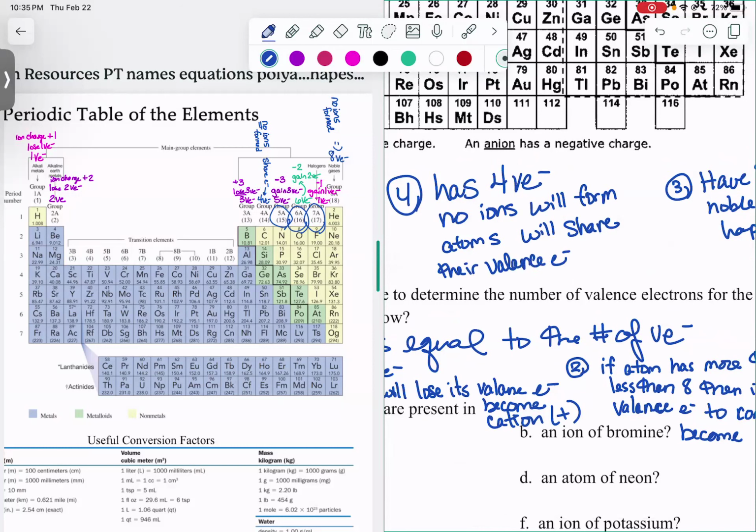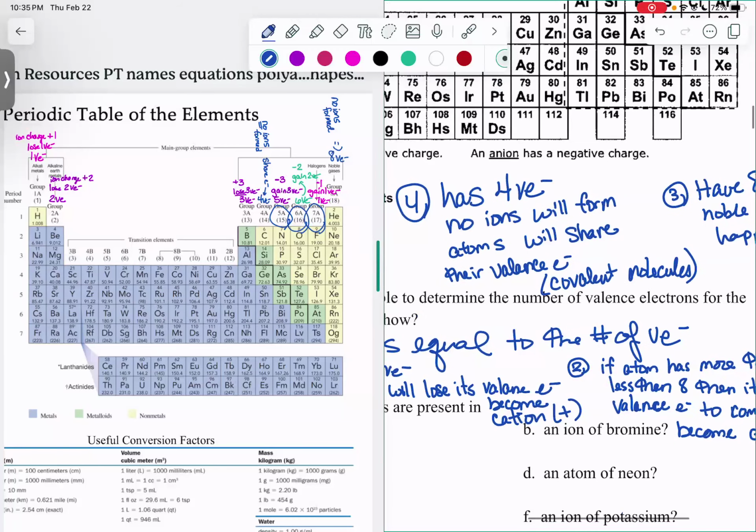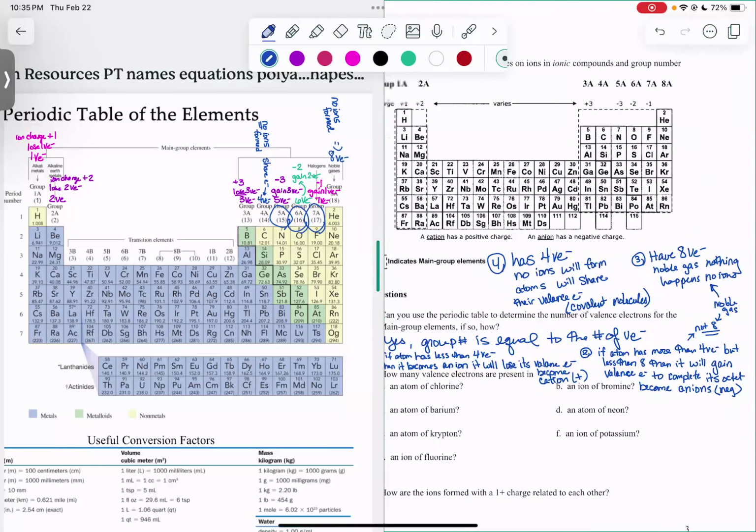Later in the chapter, we talk about covalent compounds or covalent molecules, and that's what happens with those atoms. So those are our different possibilities that could happen.